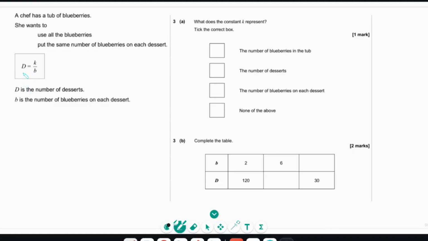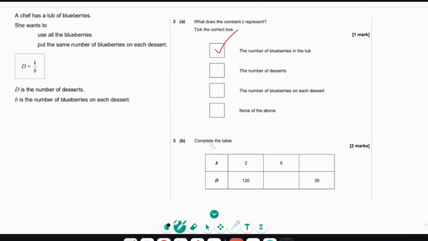If D is the number of desserts, K has got to be the number of blueberries in the tub, because B is the number of blueberries on each dessert. So the number of blueberries in the tub divided by the number of blueberries in each dessert would give you the number of desserts.